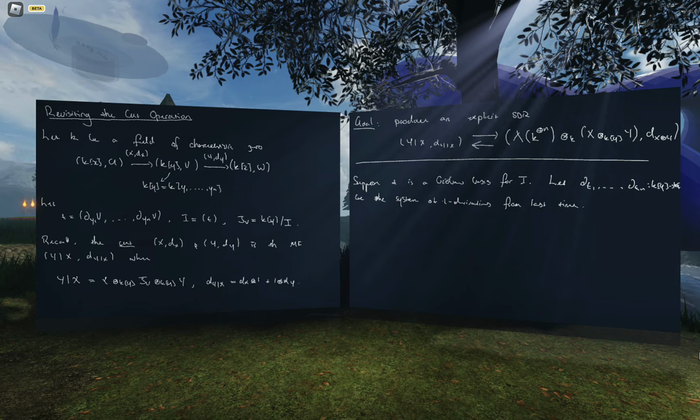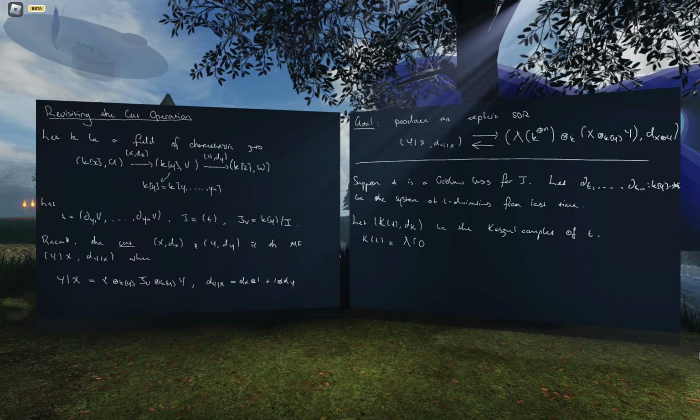Okay, that being said, so again we consider the Koszul complex of the sequence T, and as usual we denote the module like so, where these DTI things are just formal generators. I guess we're just recalling a bunch of definitions at this point.